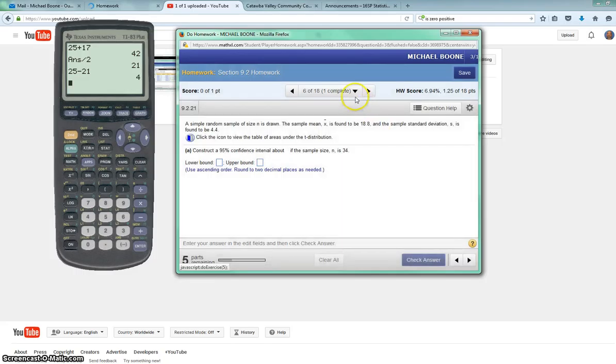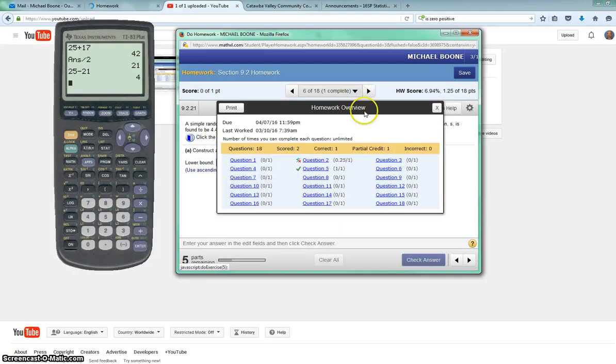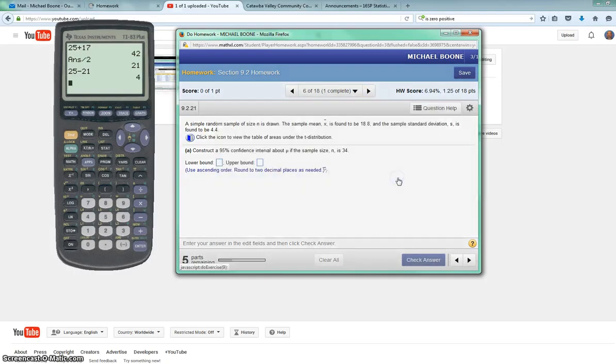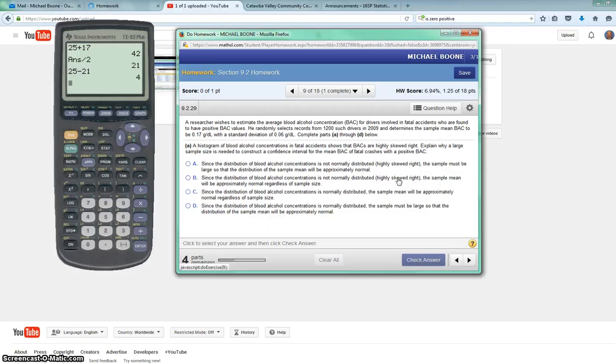Another one to look at is number 9. Nine is more of a lengthy process, but it talks about how we can assume that it's normally distributed because the sample mean will be approximately normal regardless of the sample data.